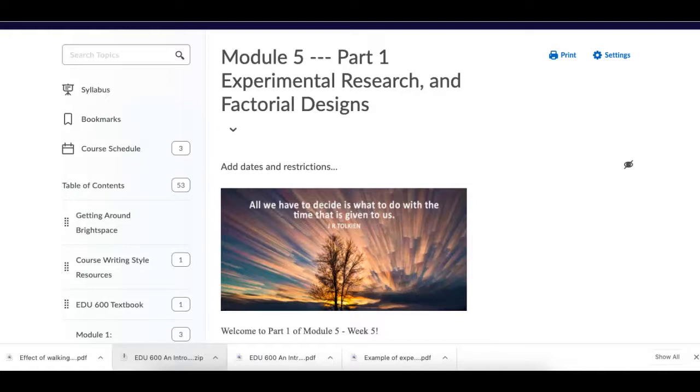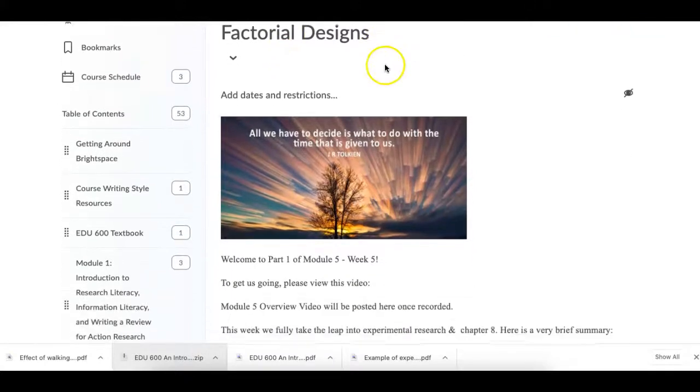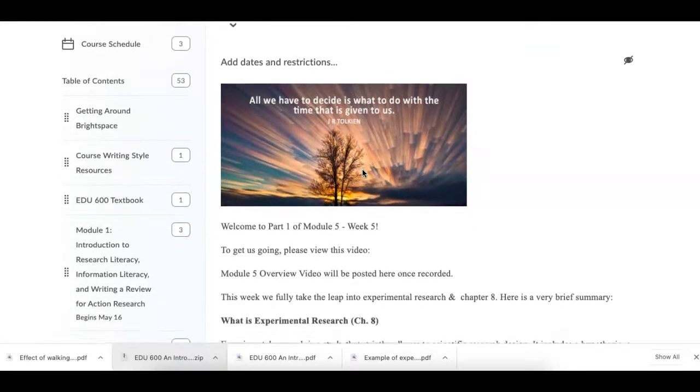Let's get right to the materials. As you can see from what I have up on the screen, we are in Module 5, Part 1. I can't tell you why I put up one of my favorite Tolkien quotes, from The Lord of the Rings.